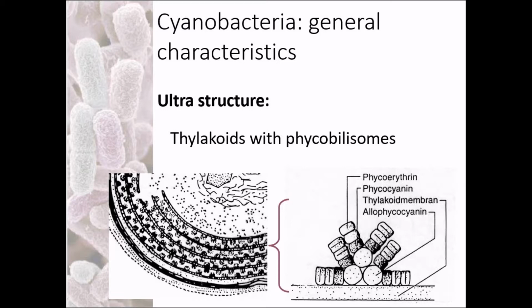They form typical thylakoids with phycobilisomes. These phycobilisomes, including phycoerythrin, phycocyanin and allophycocyanin, are arranged on the membrane of the thylakoid.